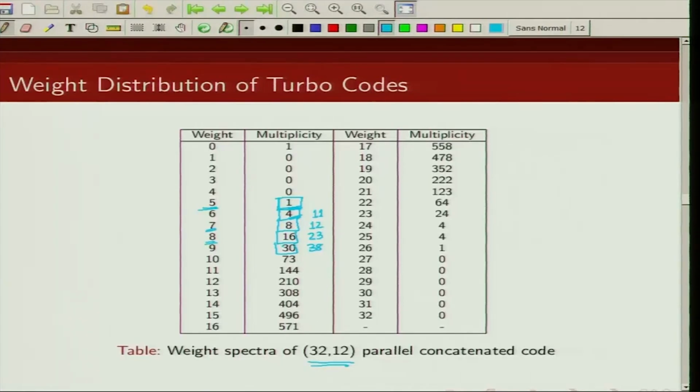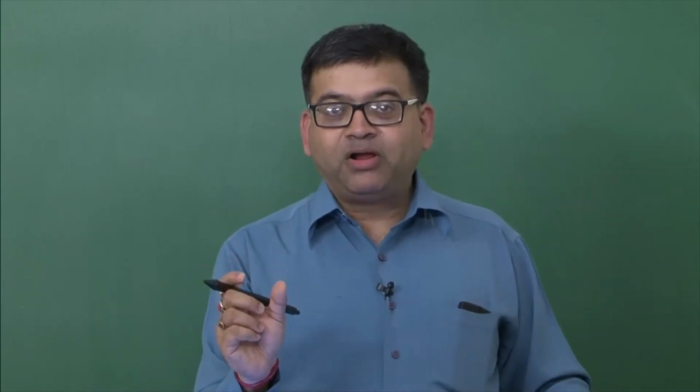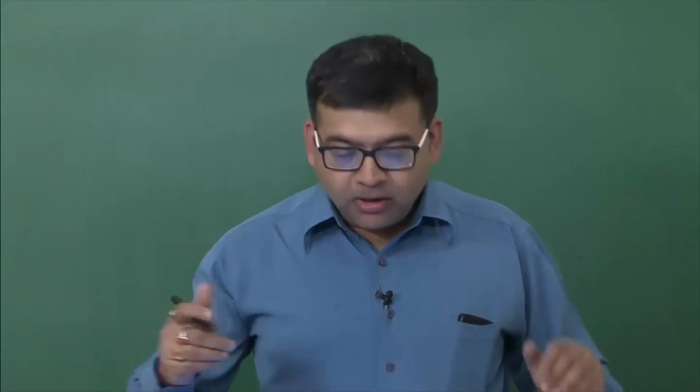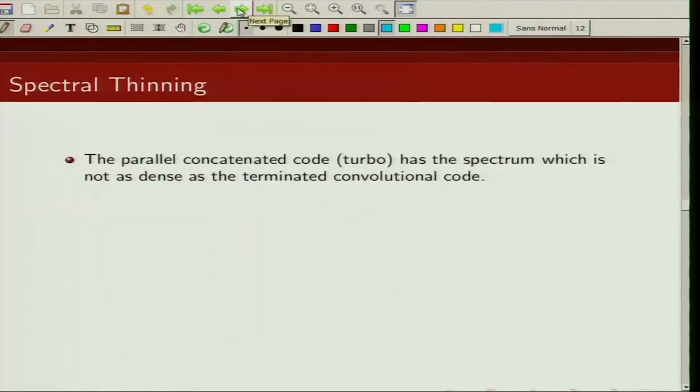So note that in this concatenated code, as a result of the interleaver, the multiplicity of low weight code words is reduced. Now we considered a very simple example with an interleaver size of just 16. If we increase this interleaver size, this effect is even more pronounced, and this is what we call spectral thinning.